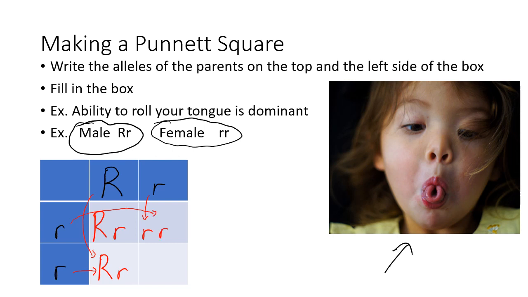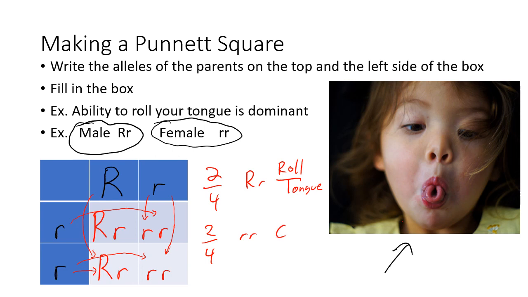Same thing for this one right here, little r, little r. So 2 out of 4 is going to be big R, little r, and 2 out of 4 is going to be little r, little r. Or in other words, 50%, 2 out of 4 can roll tongue. And then 2 out of 4 can't.